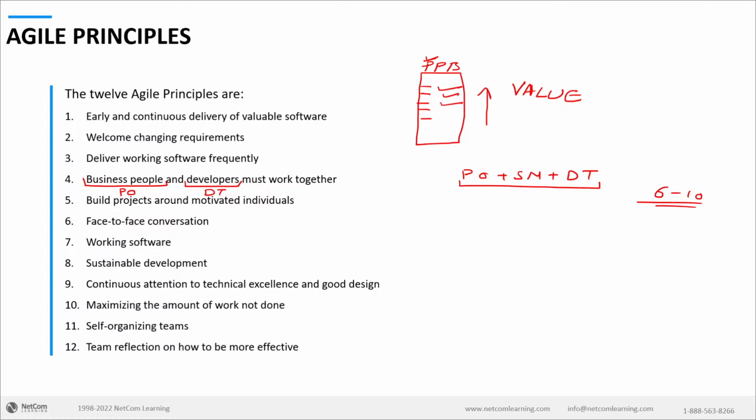Why no cubicles? The information is expected to flow without any hindrances, without any restrictions, or without any noise. Working software is going to be the parameter for evaluating the project.